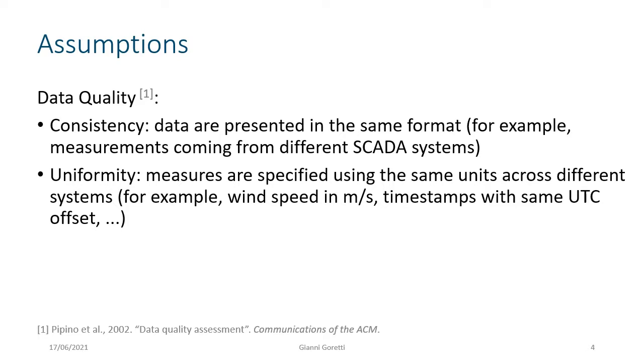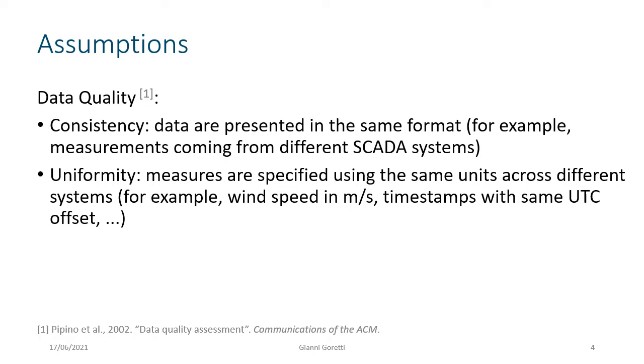There are a few assumptions on the quality of data and the format of data that are required for implementing this Python module, this Python function. It is assumed that the data are consistent, so they're all presented in the same format. Let's say we have inputs from different SCADA systems.